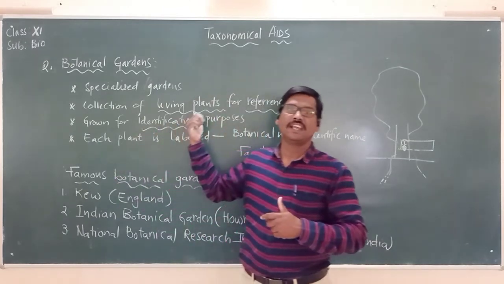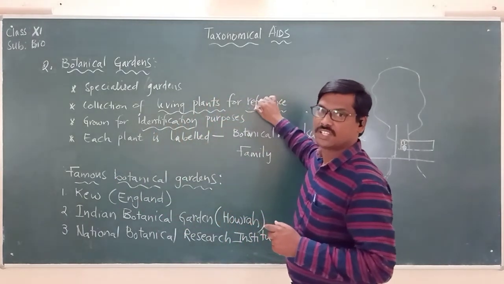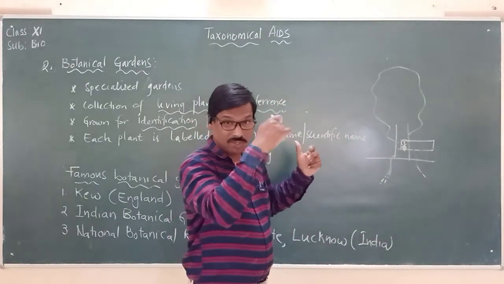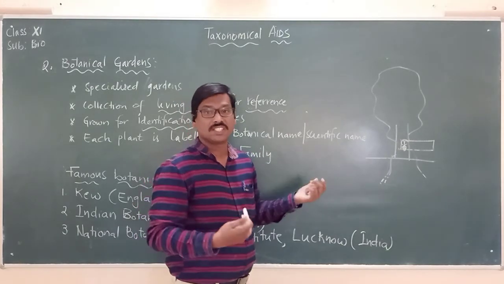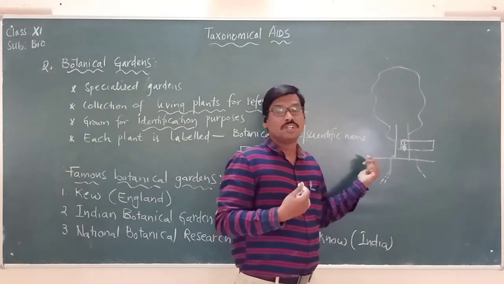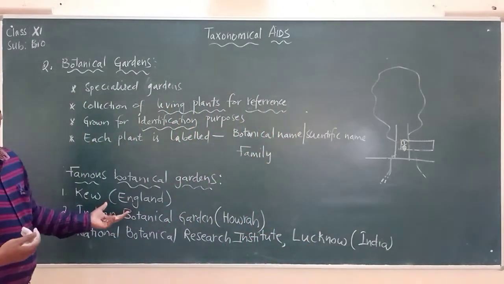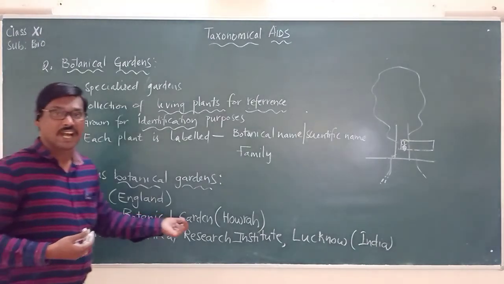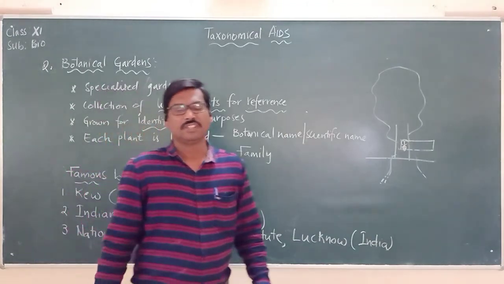And botanical gardens consist of living plants for reference, where each plant is cultivated for identification purposes, with its name and the family it belongs to. And we saw the famous botanical gardens: Kew, the Indian Botanical Garden and the National Botanical Research Institute. Thank you so much.